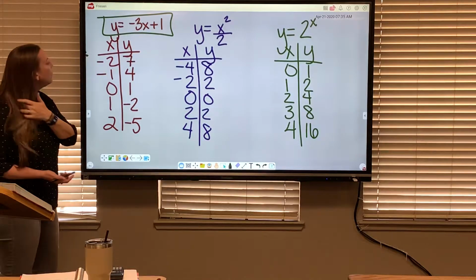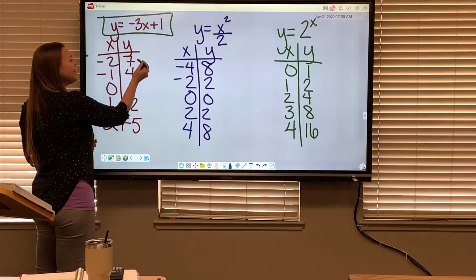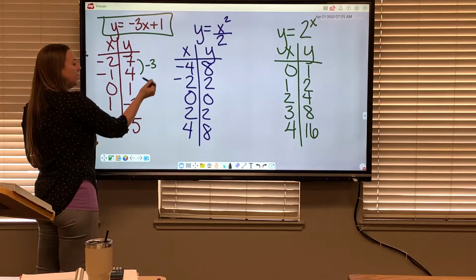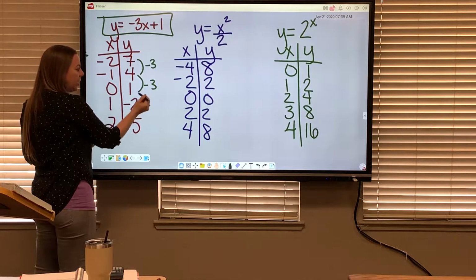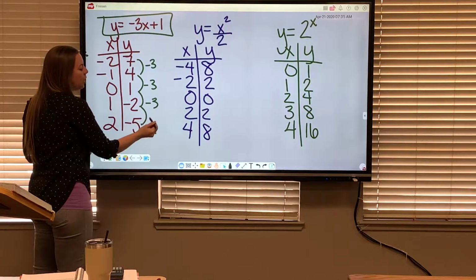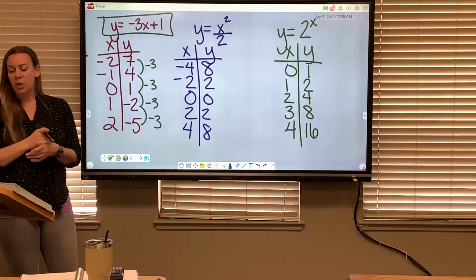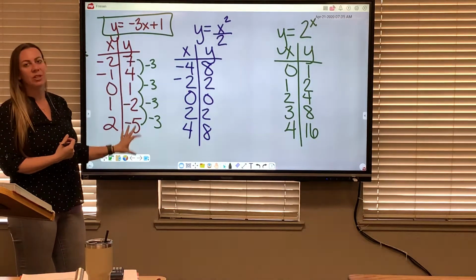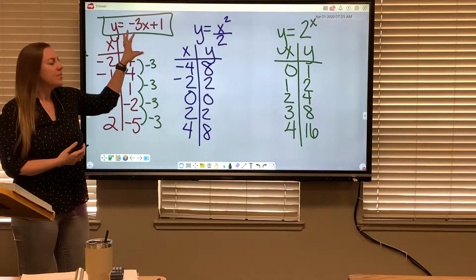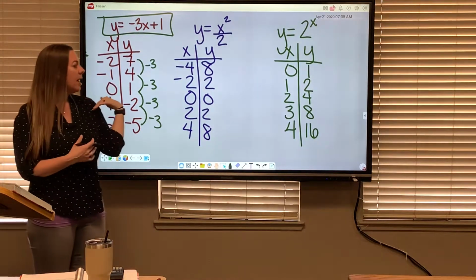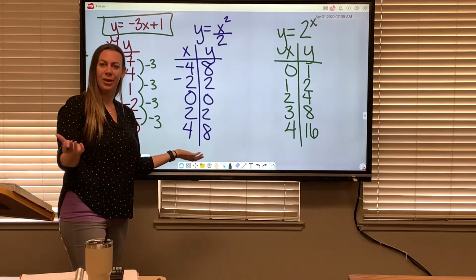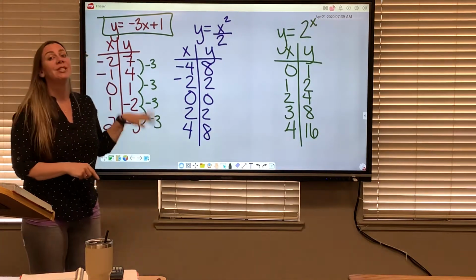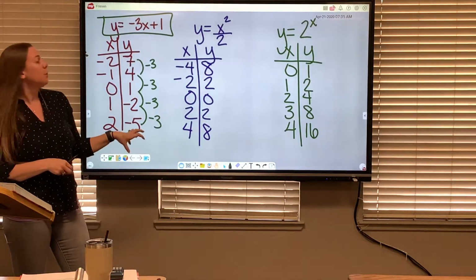Once you get the results here, it looks like in this one, I subtract 3, I subtract 3, I subtract 3, and I subtract 3 again. So with your linear, you have a constant, and you'll either have sums or differences when you're going through the dependent variables.